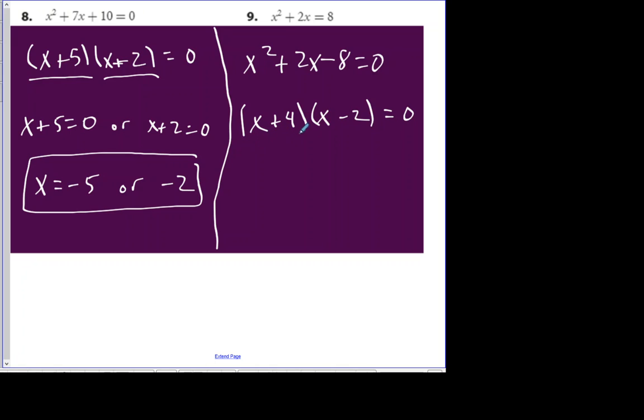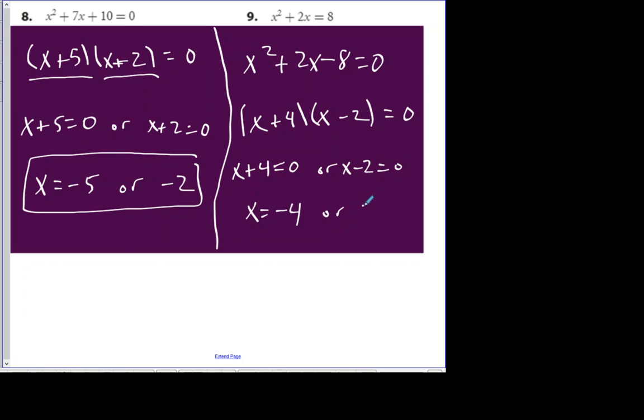Now, you know one of these has to be equal to 0, so you say x plus 4 is 0, or x minus 2 is 0. And then when you solve that, subtract 4 from both sides, and you get x equals negative 4. And on this one, what do you have to do, Desiree?